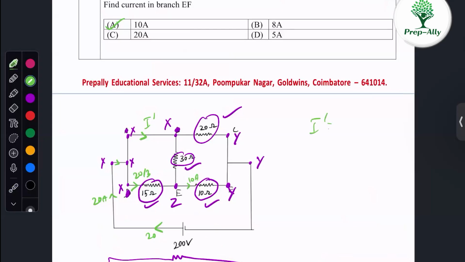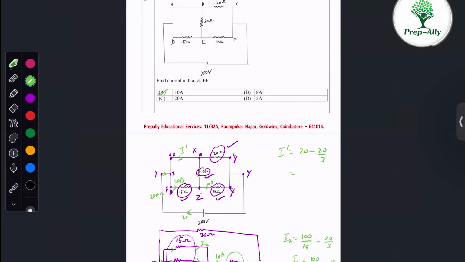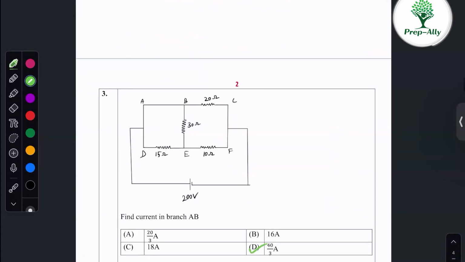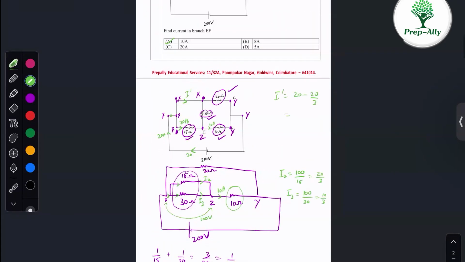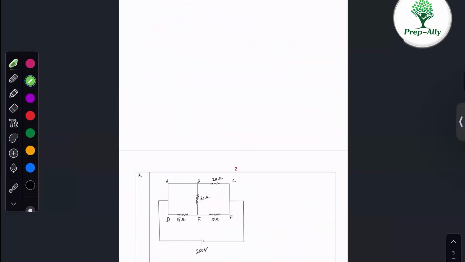Then the value of I dash will be equal to 20 minus 20 by 3, which will be 40 by 3. So that is the answer for the third question.